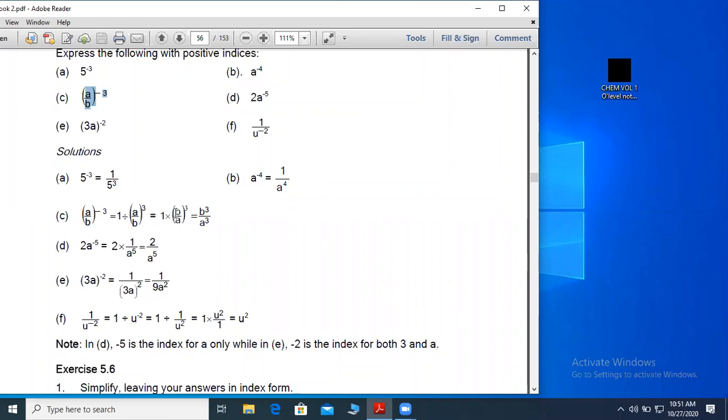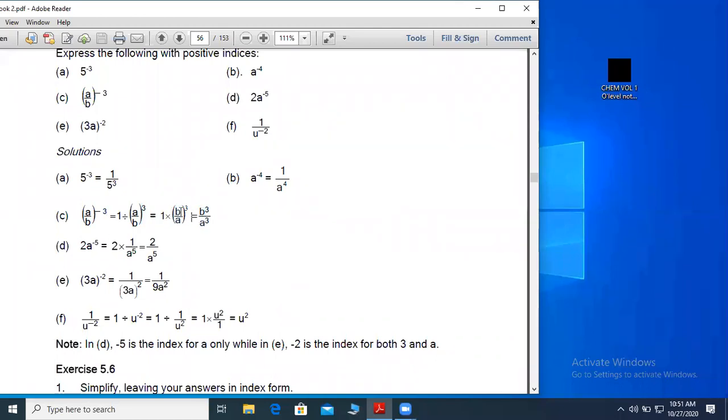Now remember, when we are dividing by fractions, we multiply by the reciprocal, and the reciprocal of A over B is B out of A. So the answer becomes 1 times the reciprocal of this fraction. Now this power can come inside and you get B cubed and A cubed.